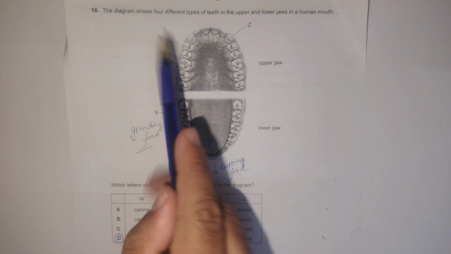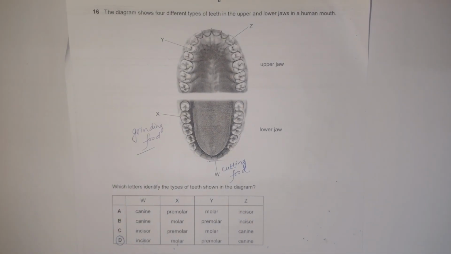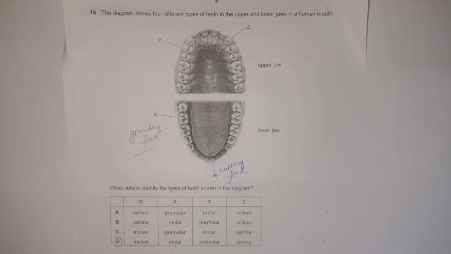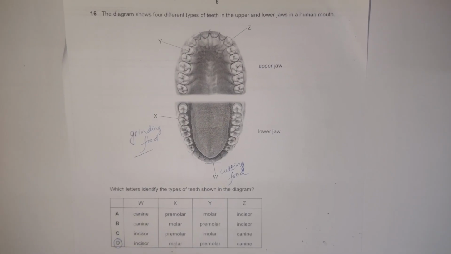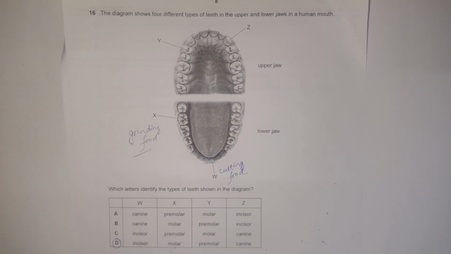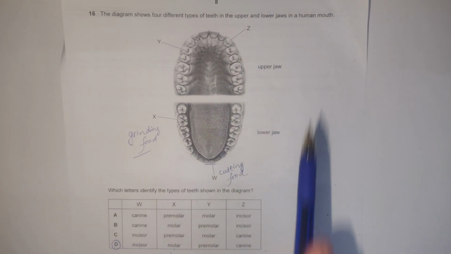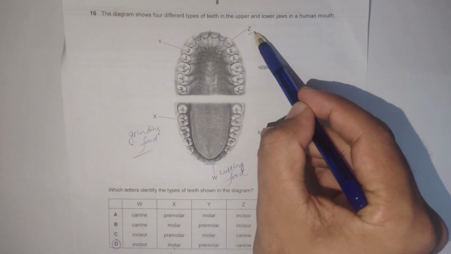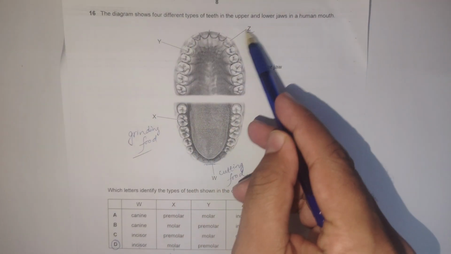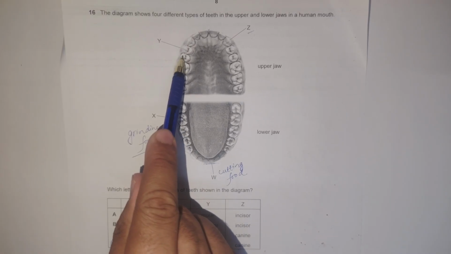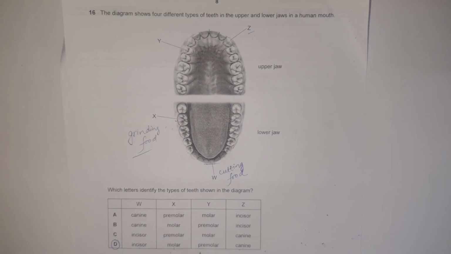Y points to the teeth located between the canines and molars, which are the premolars. This is molar and these are canines. Z is canine. In between, what are present? Premolars. Why?